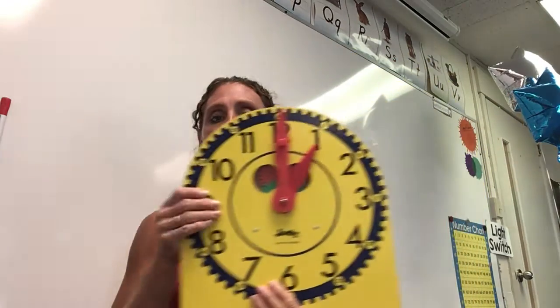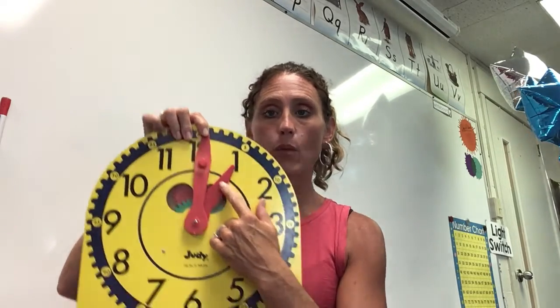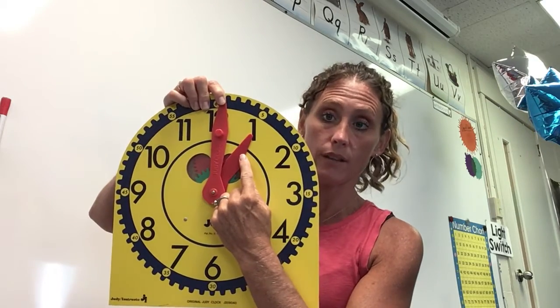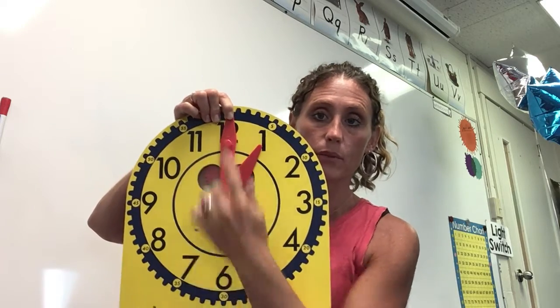But what I want to do is I'm not going to move my minute hand, but I'm simply going to move my hour hand. And I want you to count with me as we go around our clock, okay? from 1 o'clock to 12 o'clock. Okay?